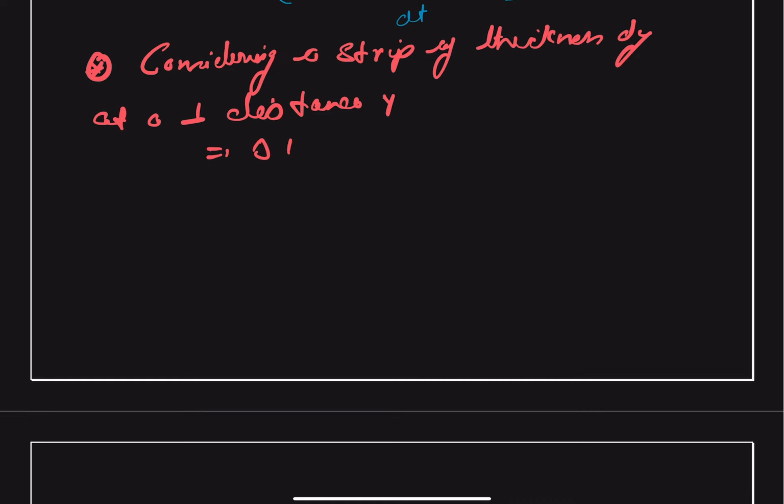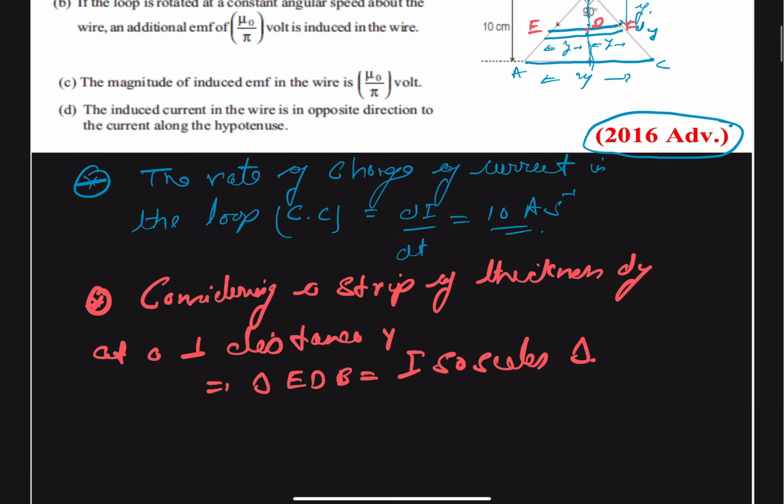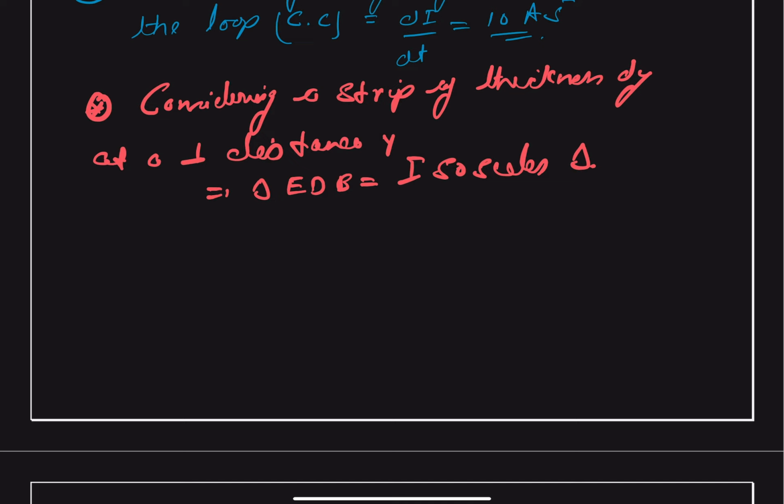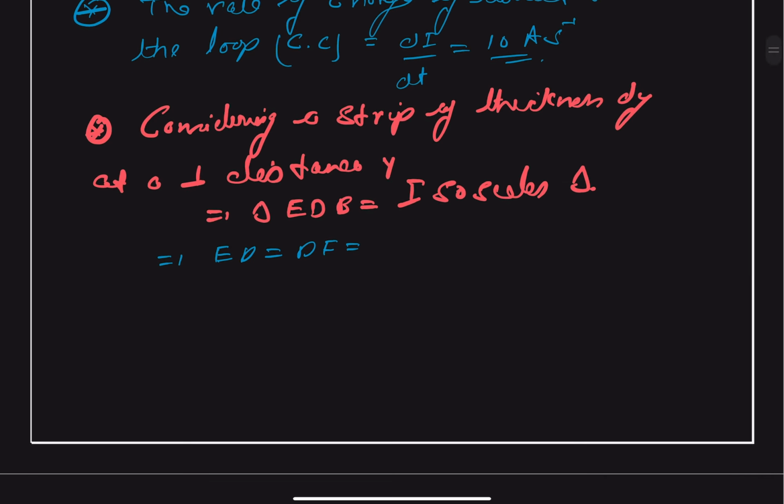Therefore ED is equal to DF, and this will also be equal to BD, and this entire length is equal to y.